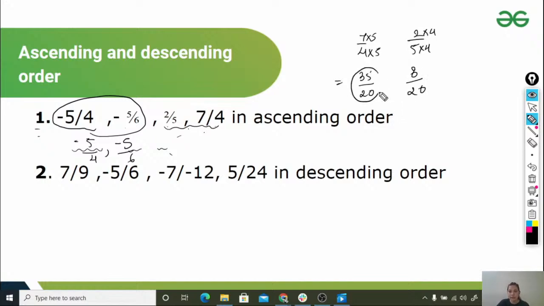Now you can see this number is greater, that is 7 by 4 is greater. So अब आ जाएगा 2 by 5 and then 7 by 4. So it's simple and easy to understand.